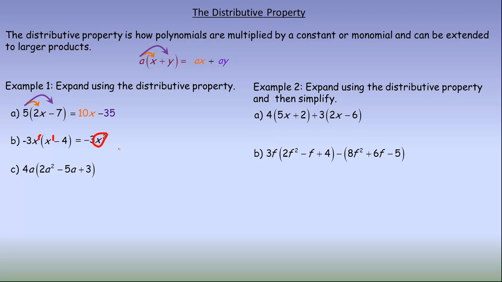X squared means you have an x times an x. And then, so I multiply the negative 3x by the x to give negative 3x squared, and then negative 3x times negative 4 would be a plus 12x. Negative 3 times negative 4 is 12, so that's why it's plus 12, and I have a single x in that product, so the product has an x in it.